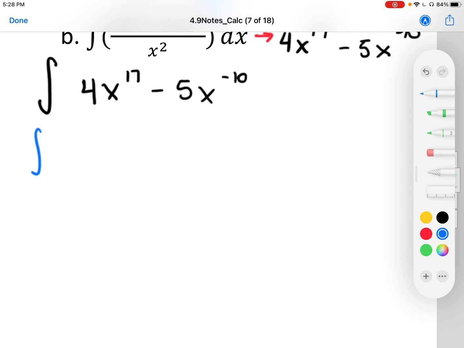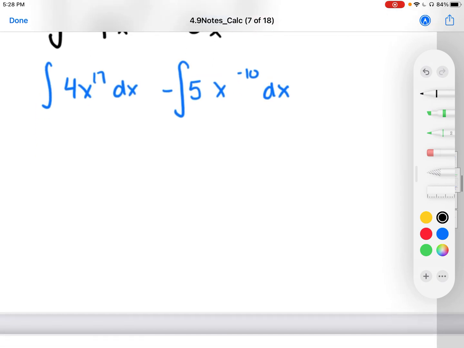So we have the integral of 4x to the 17 dx minus 5x to the negative 10, and we're going to integrate that. Okay, so according to our integration rules, we're going to add 1, 17 plus 1, and then on the bottom I have 17 plus 1. Don't forget that 4.